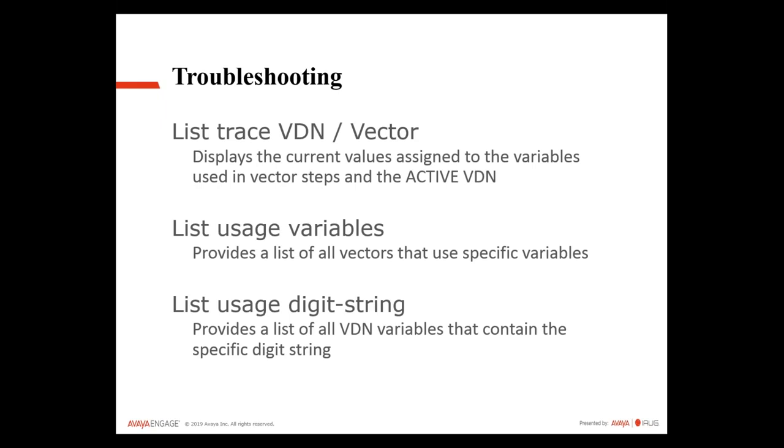So use list usage digit string, and it'll include all of the VDN variables, and it can show you where that digit string is. It's not foolproof. If you're looking for an announcement number, and that announcement string is similar to what you may use in your dial plan for other VDNs, then it's going to show you those because it's just really looking for a digit string. But it'll save you a lot in the end to know that that's where those VDN variables are being used.